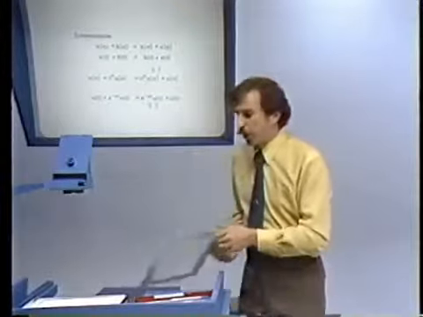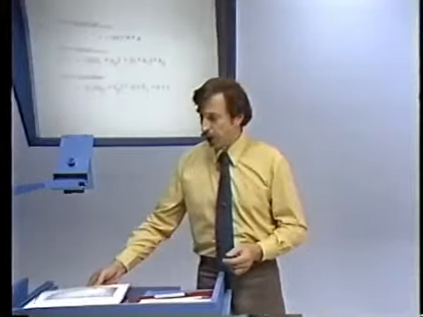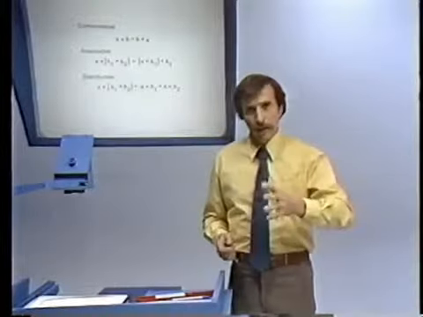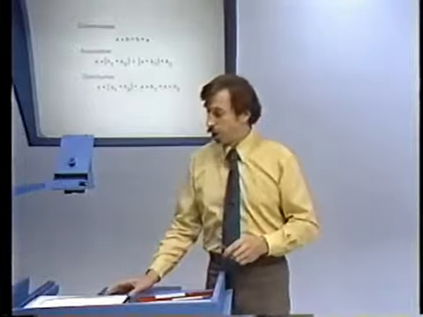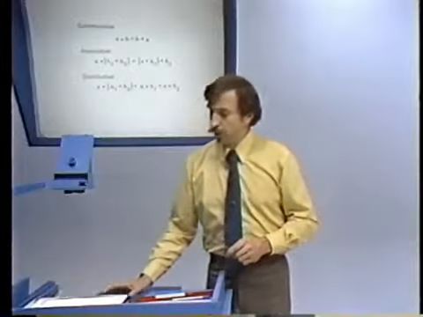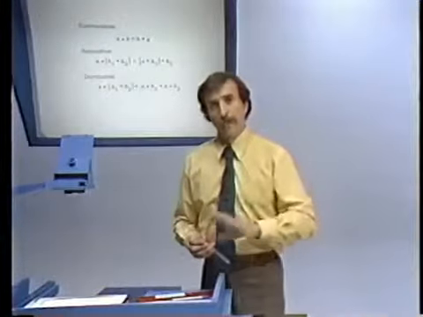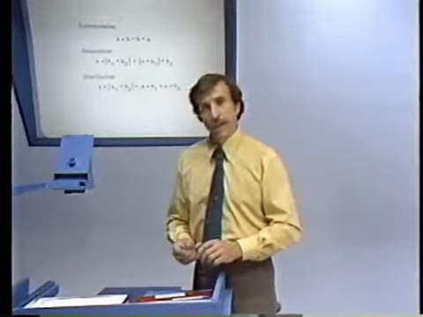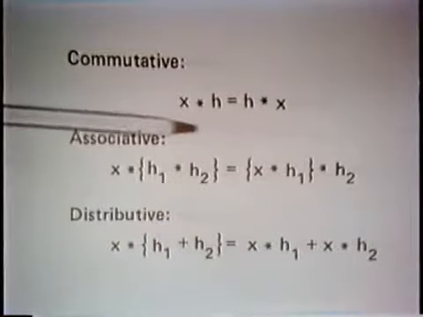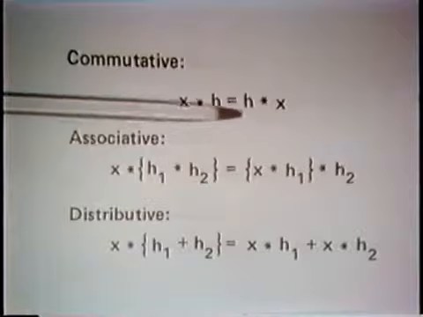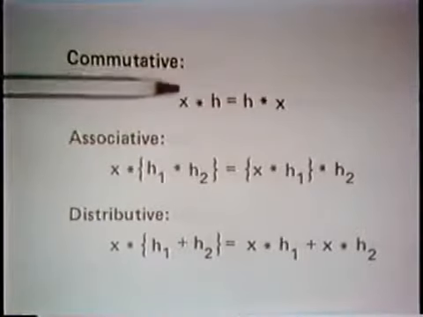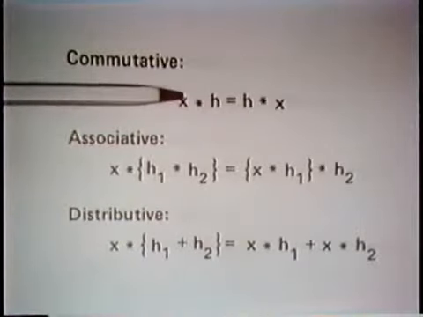So what we can do is drop the independent variable as an argument so that we suppress any kind of difference between continuous and discrete time. Suppressing the independent variable, we then state the commutative property as I've rewritten it here: x convolved with h equals h convolved with x, the same in continuous time and discrete time.